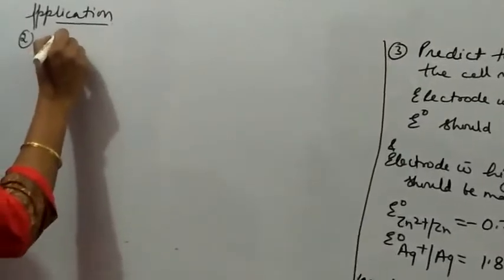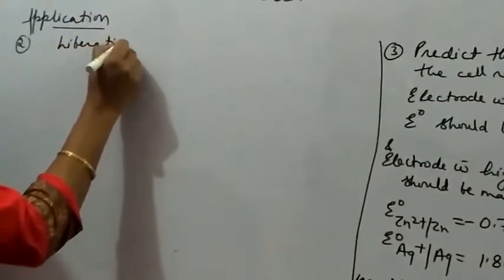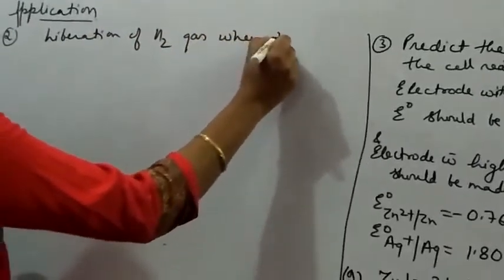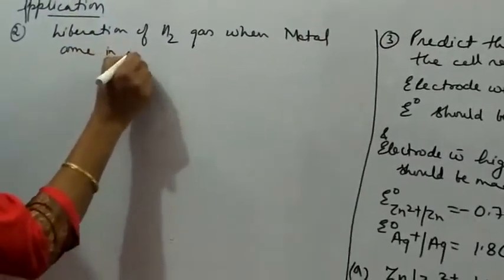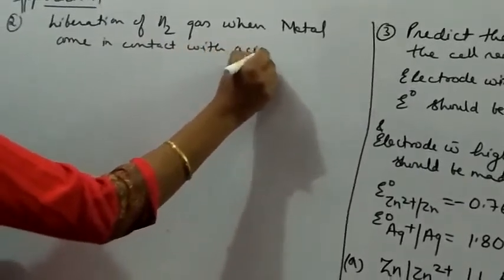So we can say the liberation of hydrogen gas when a metal comes in contact with acid.